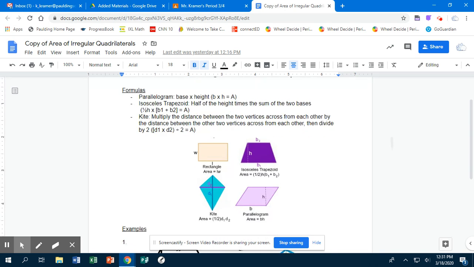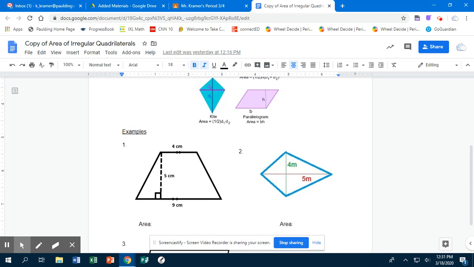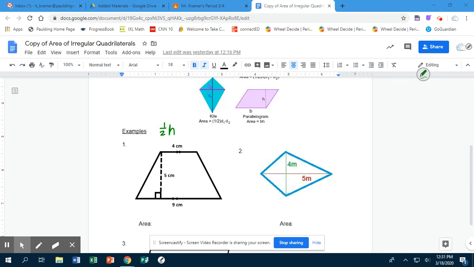So the first example that we are going to start with is this isosceles trapezoid. So if you remember, it's half of the height times base 1 plus base 2. So now let's plug in these values. We have half of the height, which is 5.